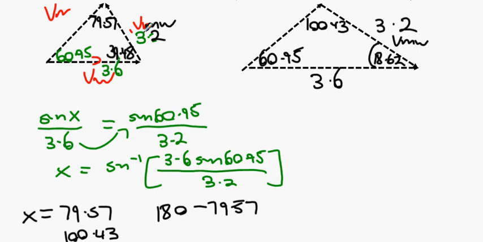So two different triangles. Okay. Now what this means about the two angles is that you can set off in two possible directions. Okay. So we can set off in two possible directions.